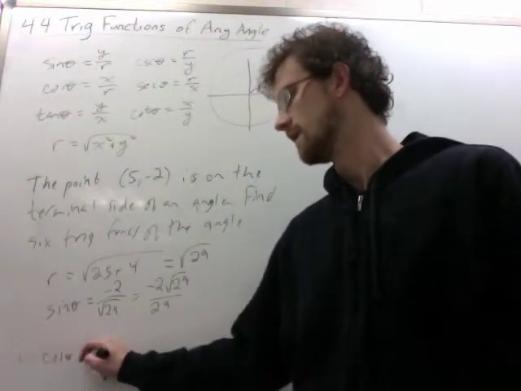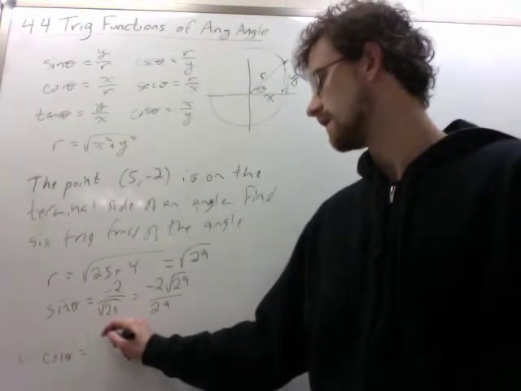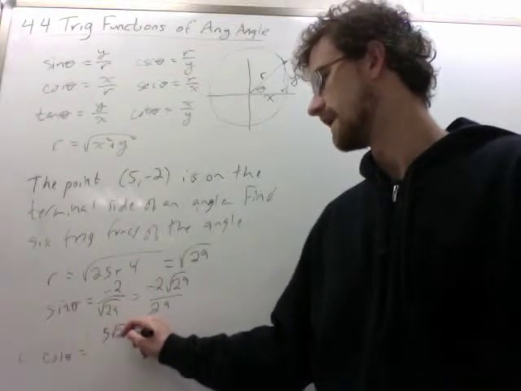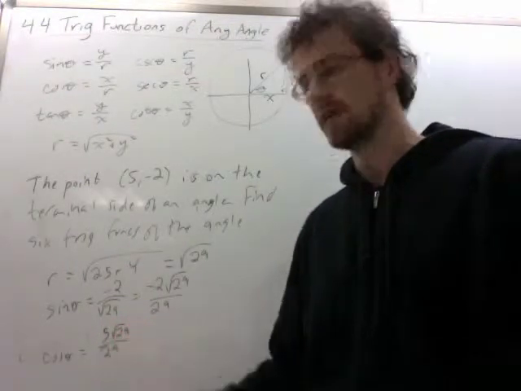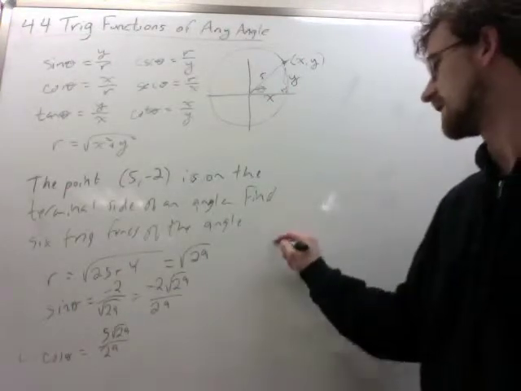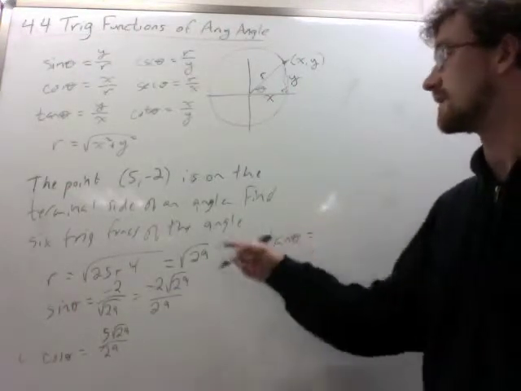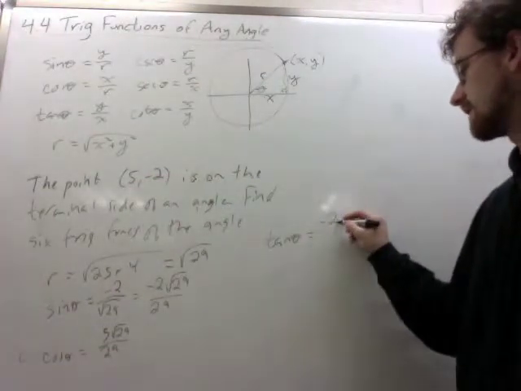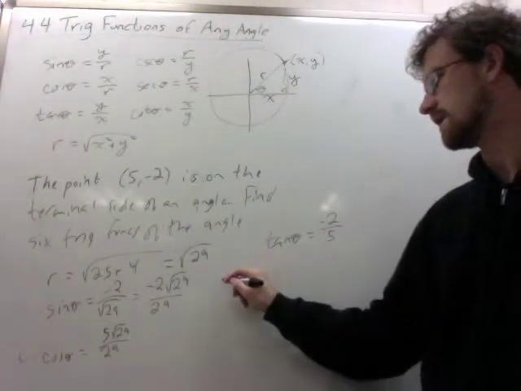Cosine is the x-coordinate over r, which comes out to 5 root 29 over 29. I'm running out of space there. Tangent theta is just the y component over the x component, it's -2/5.